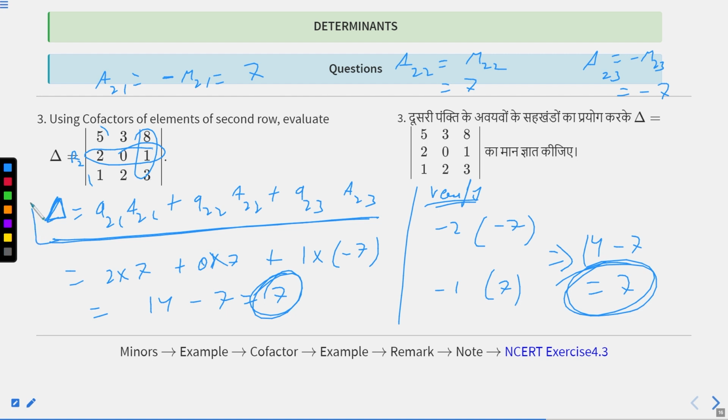Okay, so whenever you are asked such a question, that you have to evaluate your determinant using cofactors and minors, you can directly use this thing.